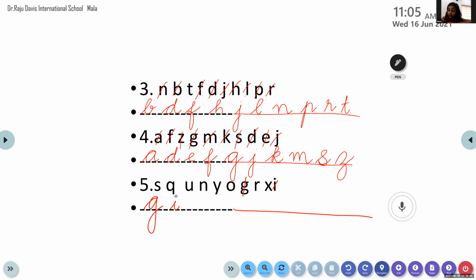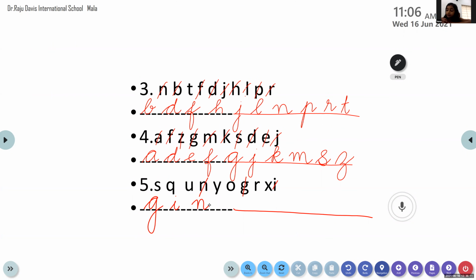After I, J is not there, K is not there, L is not there, M is not there. Then which letter is there? N. Very good. N is there. So please do write it there. After N, which is the next letter?